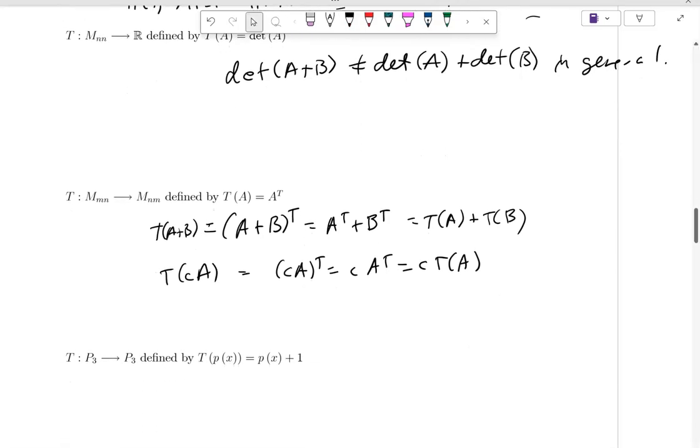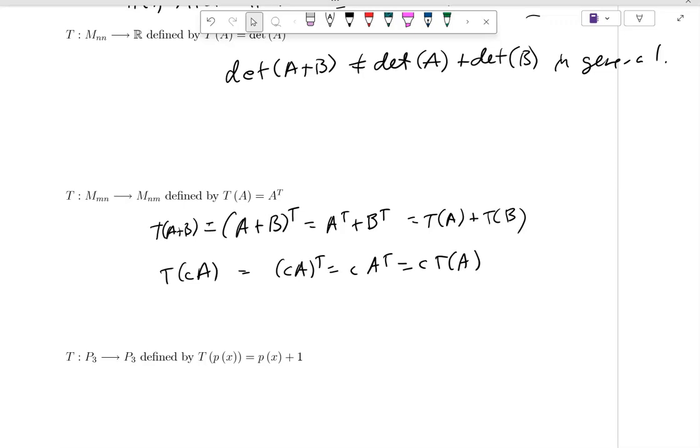The last one, the reason why I put this last one on here is because it kind of reminds you of something being linear, right? When we talk about linear functions in algebra class, usually that linear function you try to write in an mx plus b form, right? We call that a linear function because its graph is a line.